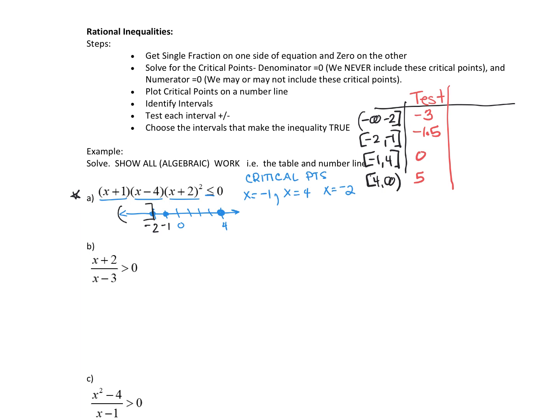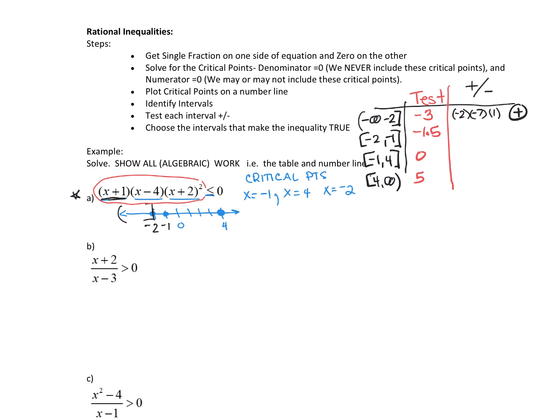And we're going to plug those in to our inequality and decide if it's going to be a positive value or a negative value. So you can see if you plug in negative 3, the first factor will be negative 2. The second factor will be negative 7. The third factor will be negative 1, but it's squared, so we get a positive result.